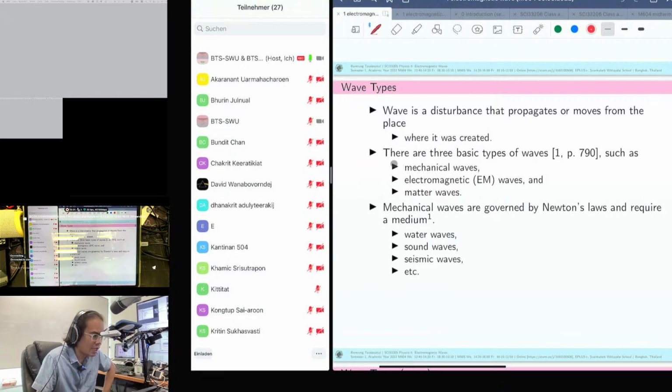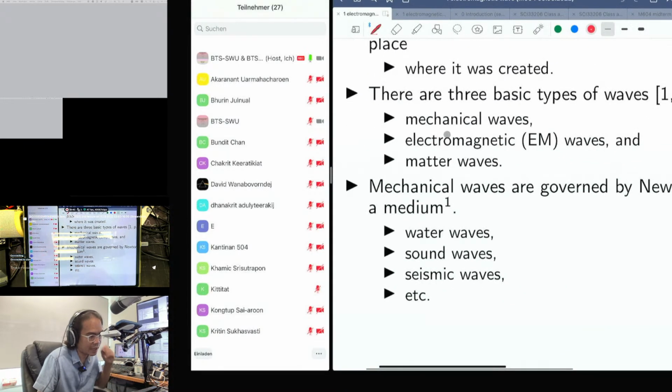There are three different basic types of the wave. The first one is mechanical waves. You may have already seen the mechanical wave, for example, the wave that is generated in a string. The wave due to the water in the sea, in the ocean, is also a mechanical wave.